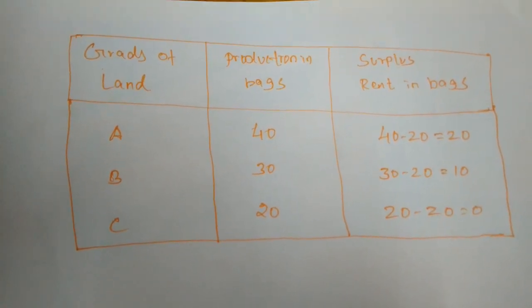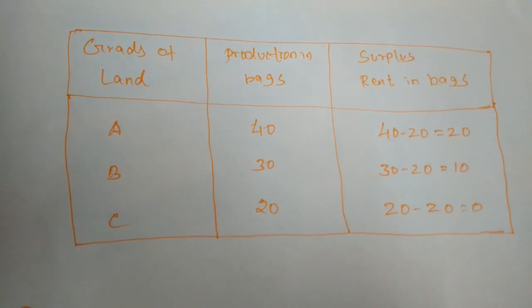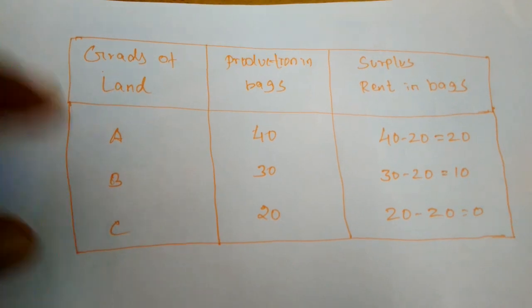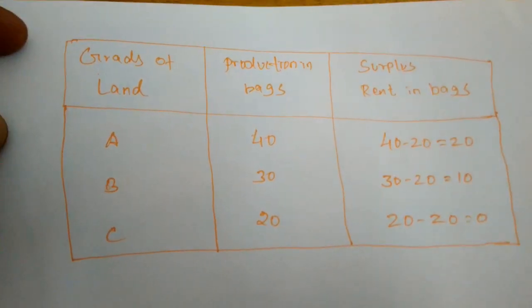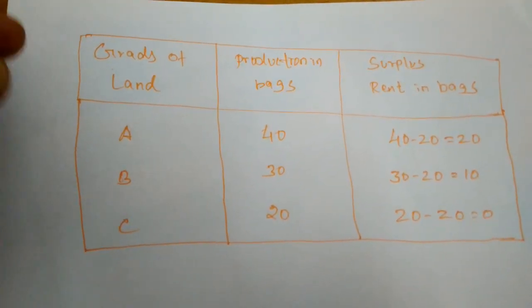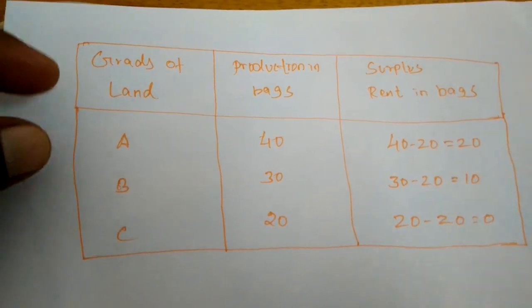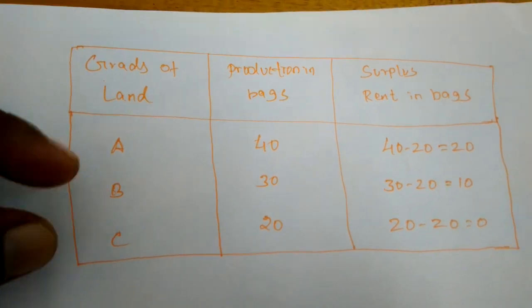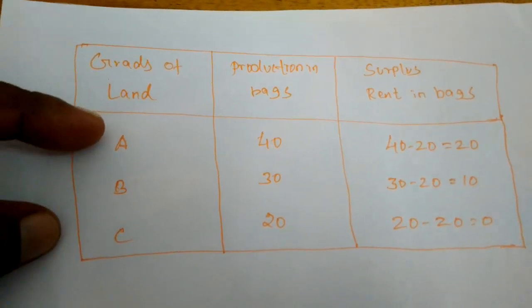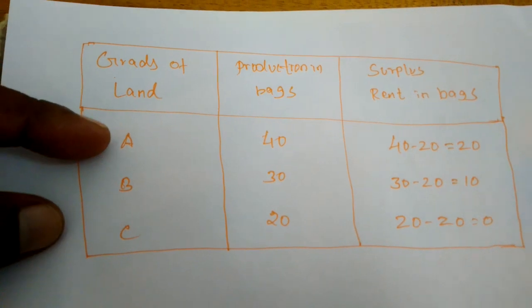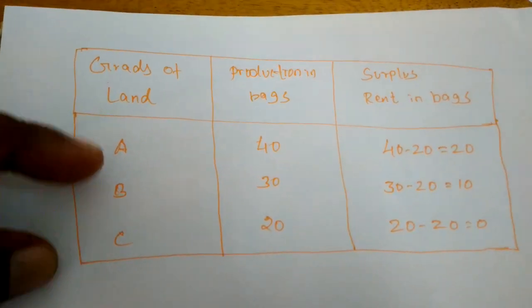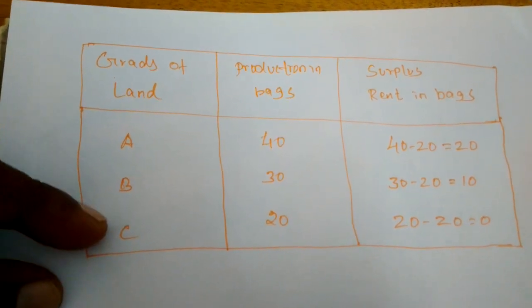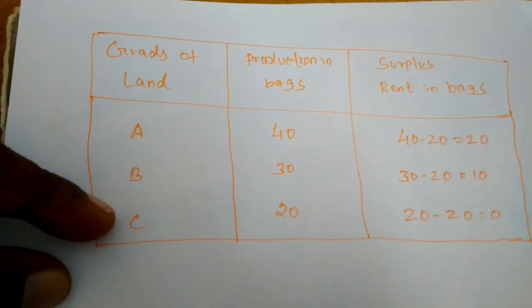There are three grades of land, namely A, B and C. A is the most fertile land, B is less fertile land, and C is the least fertile land.